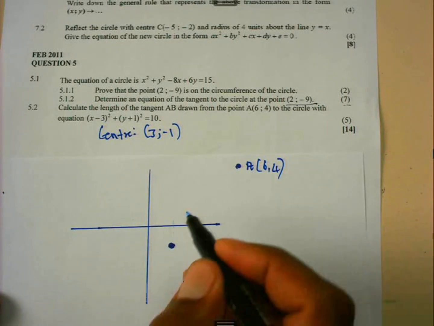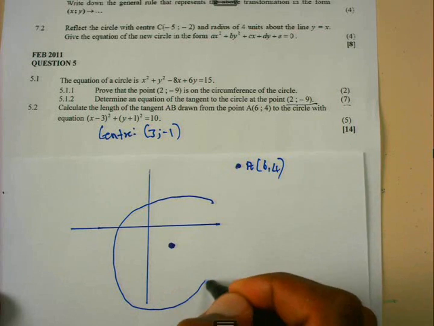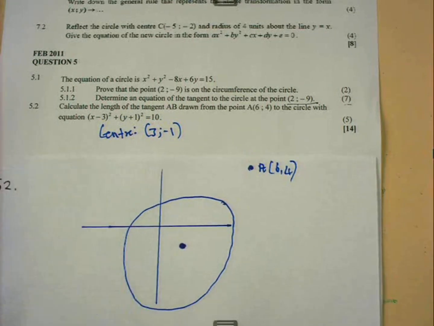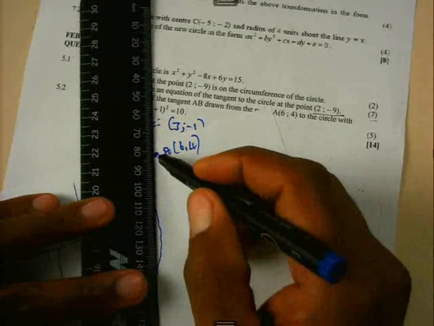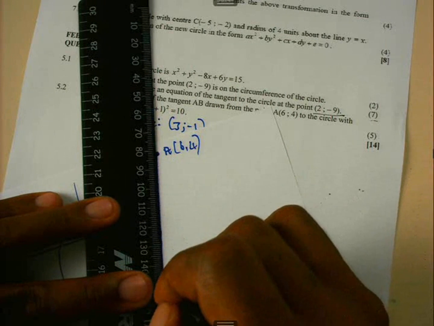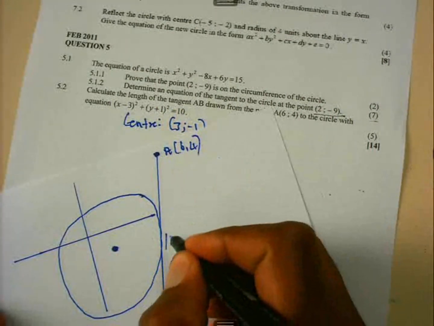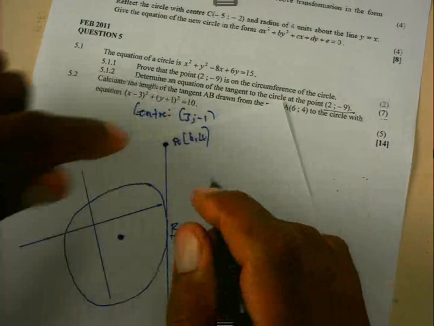Right, boys and girls, if this is our circle here, we can now say the tangent can be on this side, and this one is our B. Or it can also be on the other side.